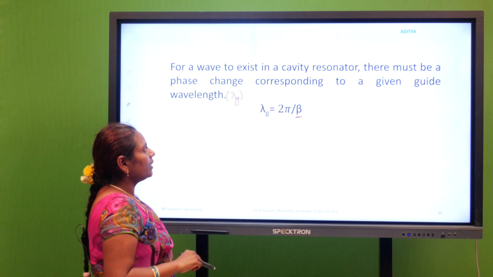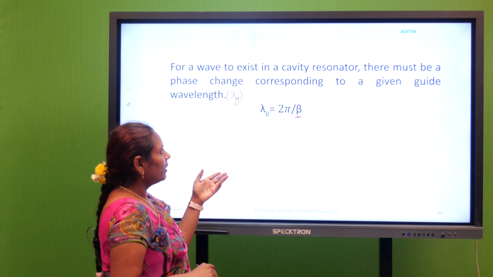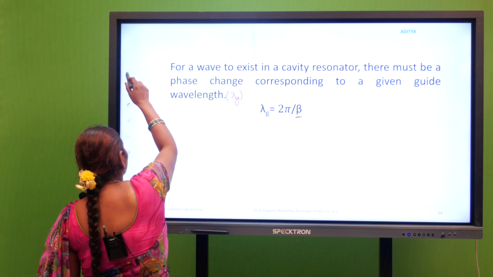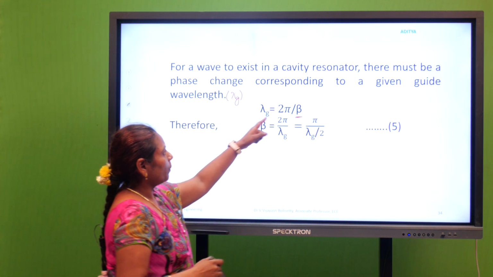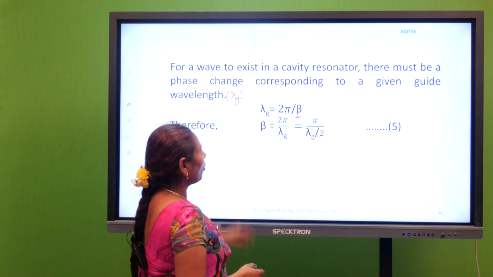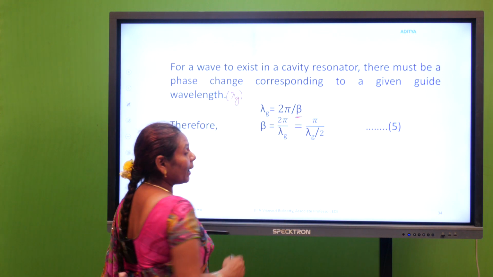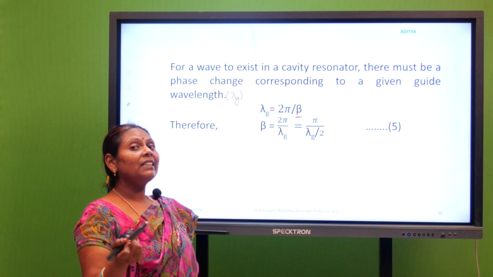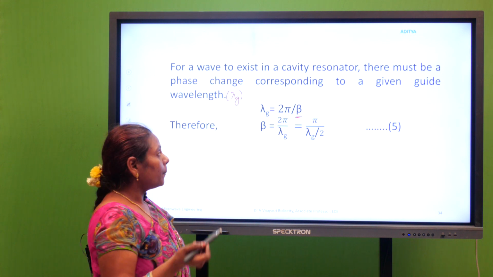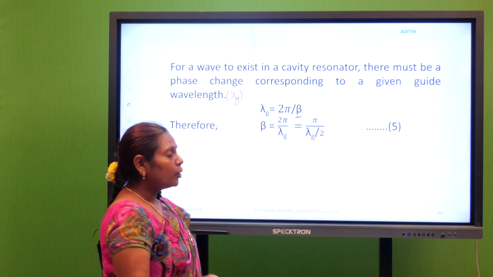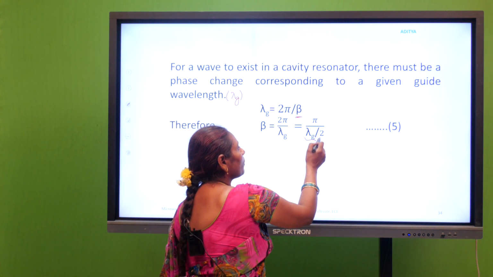So, lambda g is equal to 2 pi by beta, and from this we can get beta as 2 pi by lambda g, or we can also write it as pi by lambda g by 2, because the distance we require between the two shorting plates should be multiples of lambda g by 2.